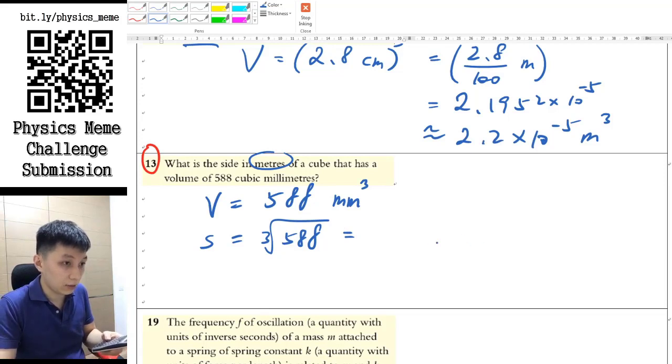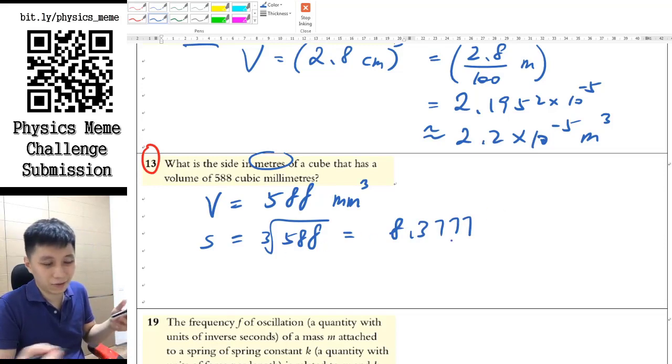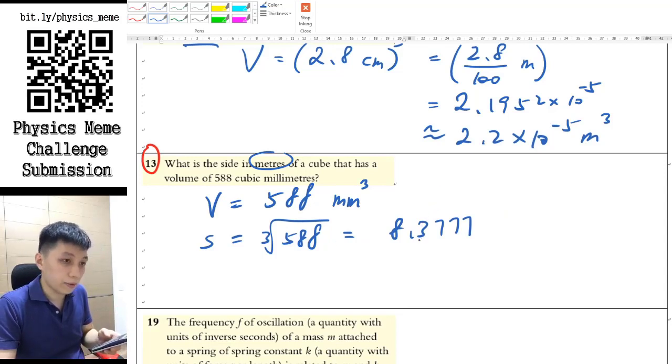So the answer would then be 8.3777. I'll just take more digits. Apparently you only take 3 significant figures because of what you learned in the previous video, but I'll just write more here. So this should be in millimeter, and so I will use not exact equal.